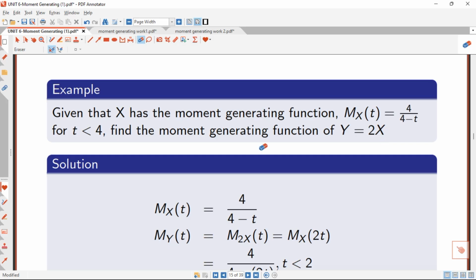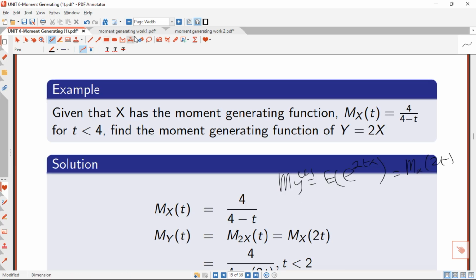So here we are going to get M_Y(t) is equal to the expectation of e raised to the power 2tX, and this will give us M_X of 2t.